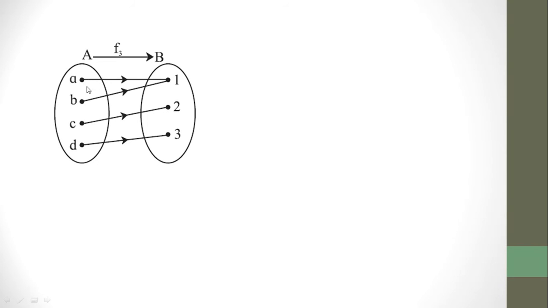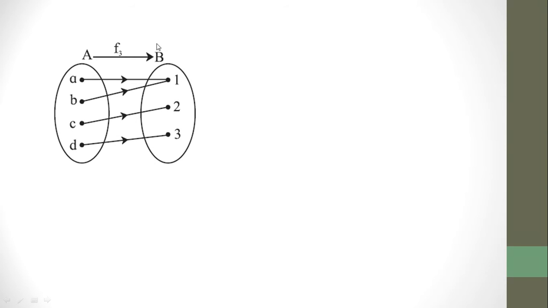So this is not a one-one function, it is a many-one function. Many elements are related with an element of set B. A and B are different, but related with 1. So this is not one-one, but this is an onto function. Why is this onto?